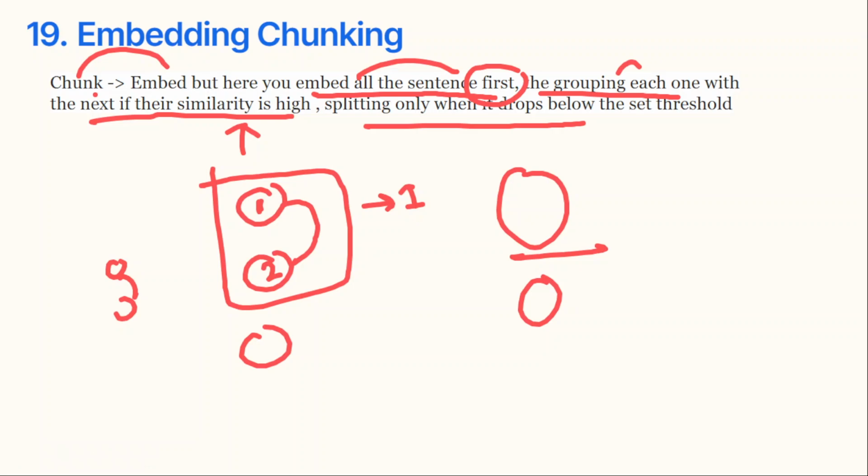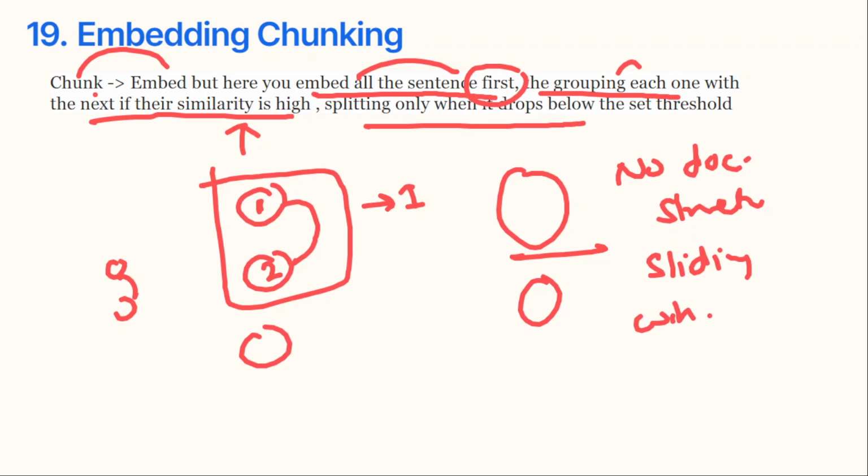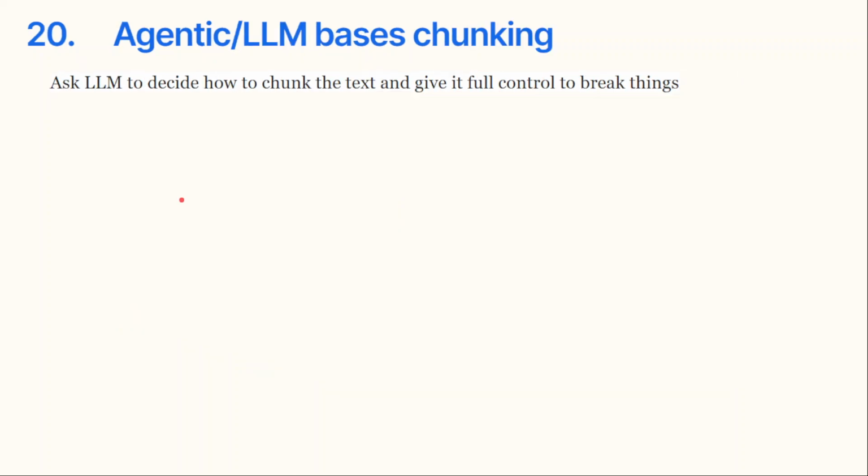You can use this wherever your document doesn't follow any structure, or when a simpler technique, like the sliding window technique, doesn't work very well. Then you can use embedding-based chunking.